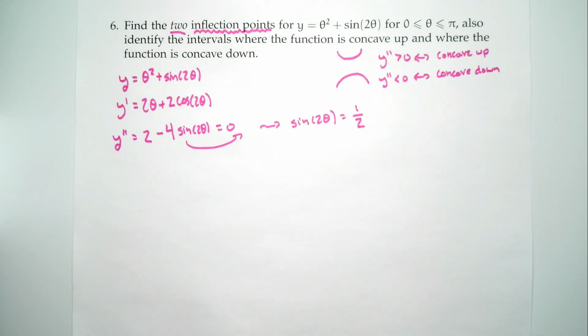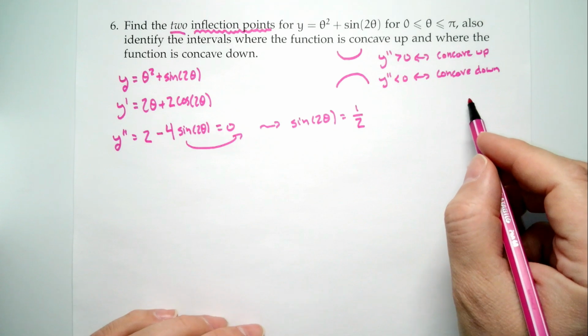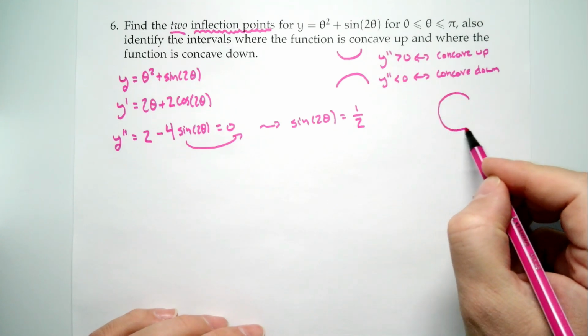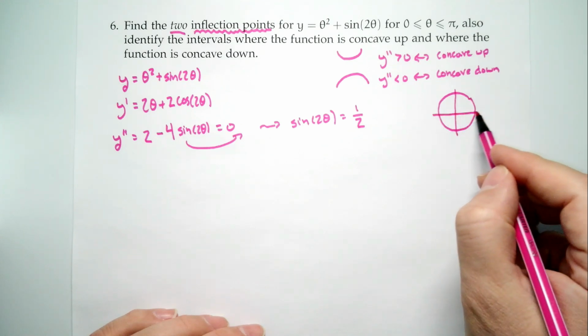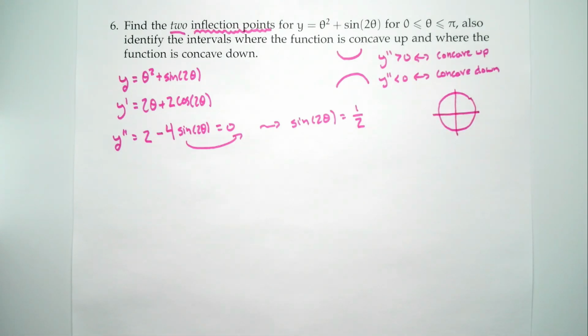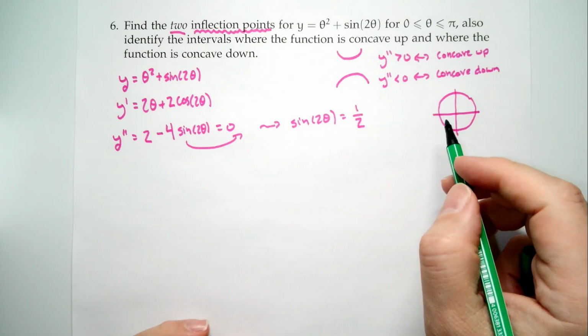So now we need to remember our trick. All right, so we have our unit circle. Now, what does the sine correspond to in the unit circle? This is a really useful thing to remember. The sine corresponds to the y values.